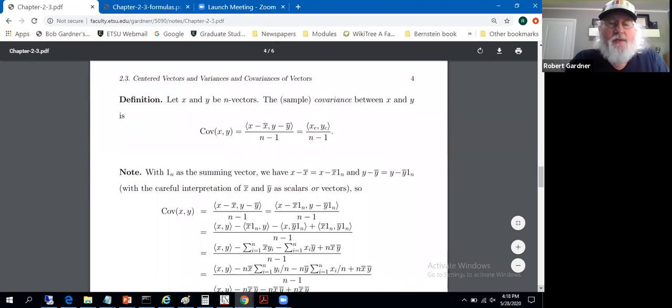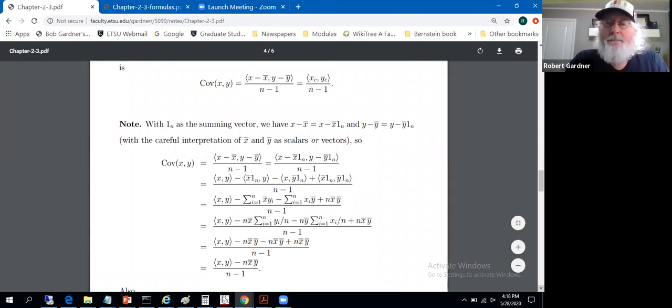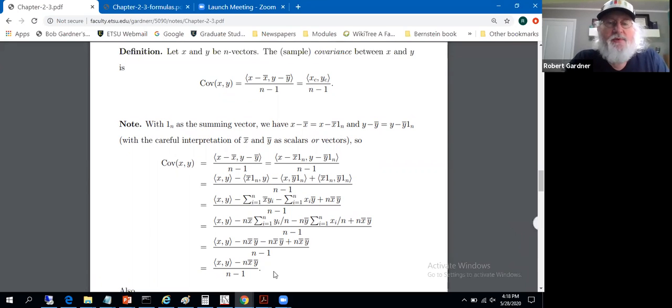All right, so covariance is given this definition. Let's see if we can't find another way to compute it. I guess is what we're up to at this stage. Let's introduce the summing vector, the 1 sub n. Then we can write, okay, it's going to require some patience on everybody's part.